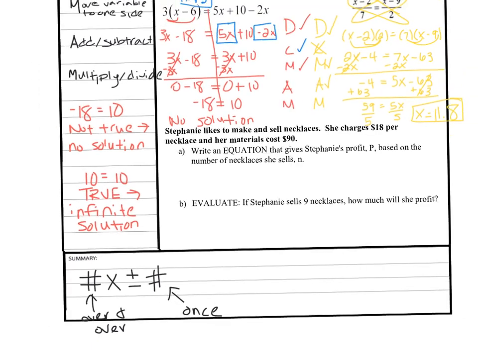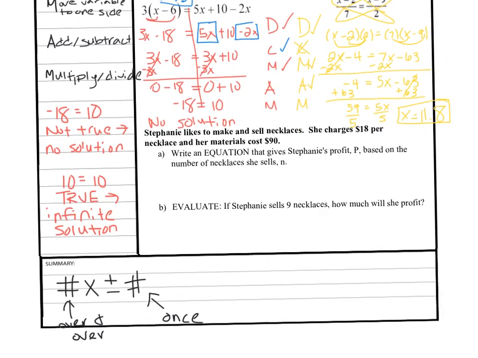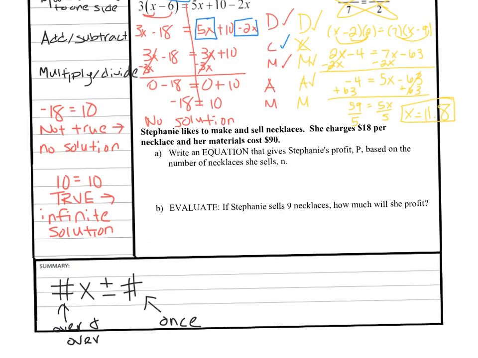So setting up my equation, I will need to remember that. So if it says that she charges $18 per necklace and her materials cost $90, the $18 is what happens over and over. And the $90, I just have to spend that one time. So this only happens once.